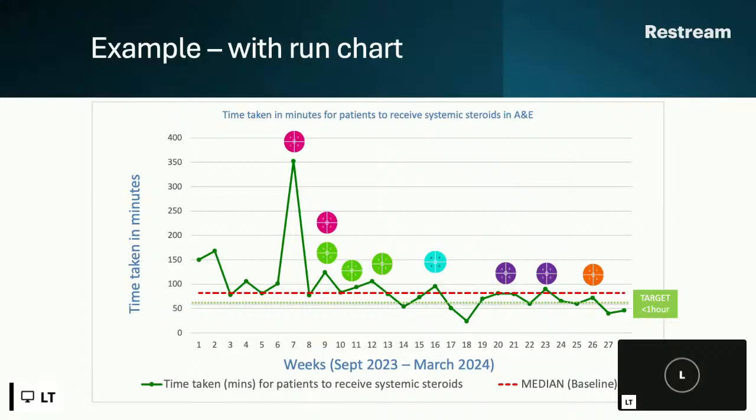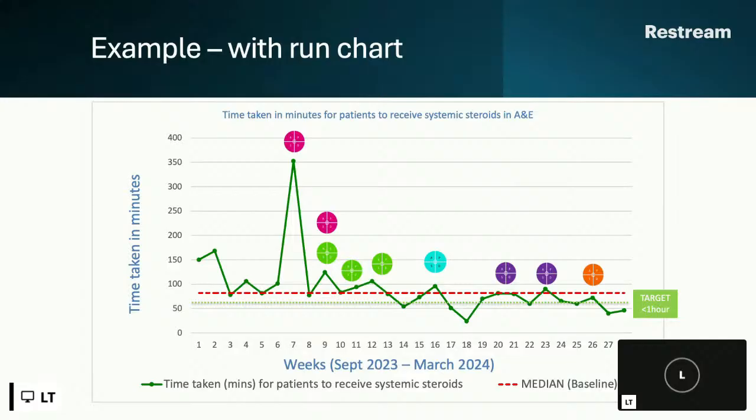I collected data retrospectively, initially from September 2023, and then I collected real-time data to test out my PDSA cycles. So every week, it's not a lot of data, about 5 to 7, depending on how many patients actually come in with asthma. And then I've got the median time, plotted on the graph.